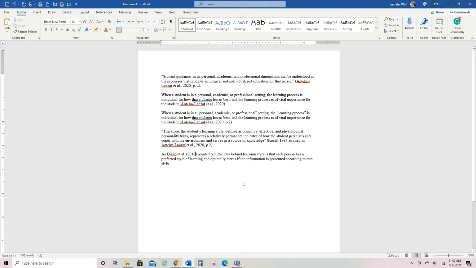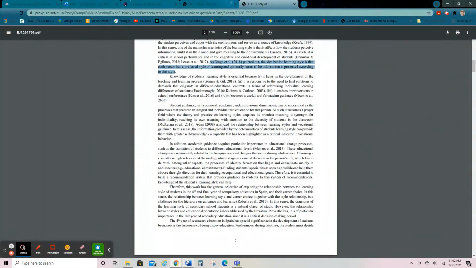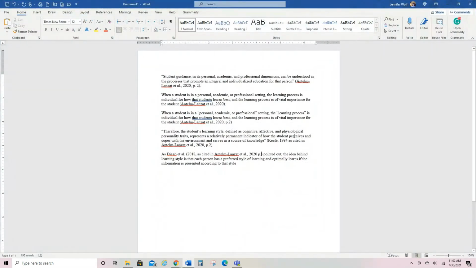And then we're going to say, as cited in Antelm Lanzat et al. 2020. Page, if we're quoting. If we're not quoting, we don't need the page number. Oh, I'm sorry, that is not correct. If this is a quote, the page goes at the end.